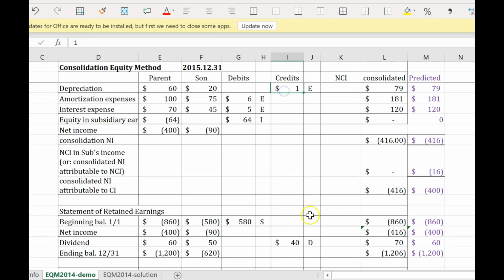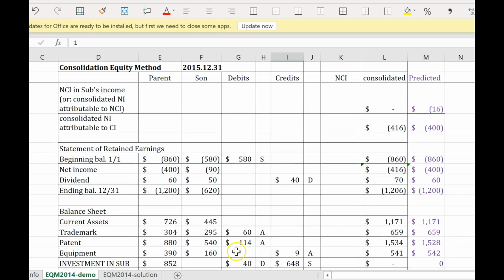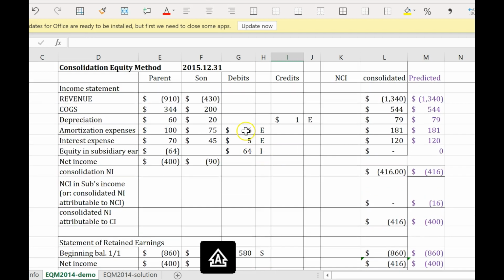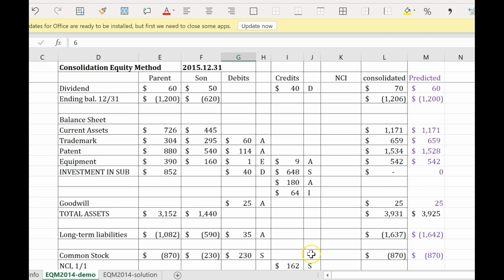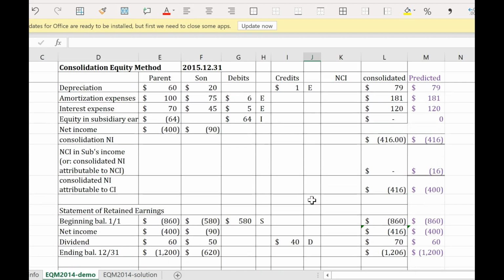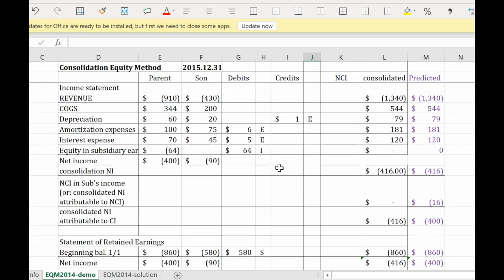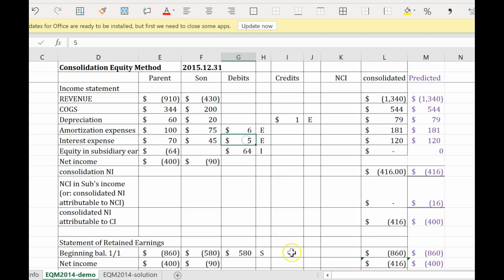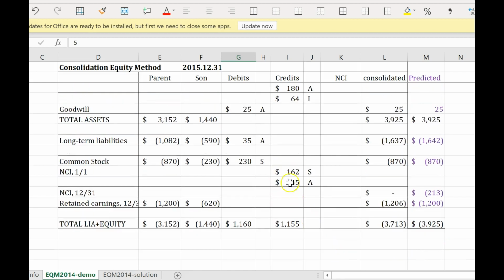So this 1,000 corresponds to my equipment 1,000. That's the E entry for equipment. For amortization, 6 for the patent, 6. And the 5,000 corresponds to my liabilities.